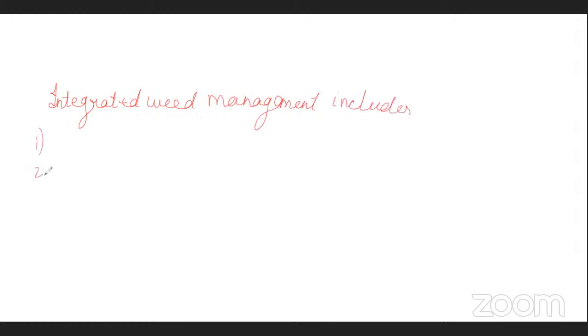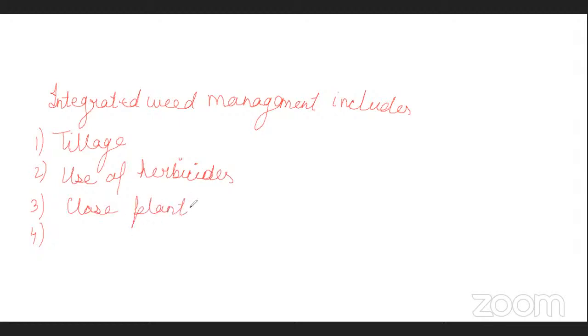Okay, so the first question is: integrated weed management includes, and your options are tillage operation, then use of herbicides, after that close planting, A and B, and the fifth, all of these.